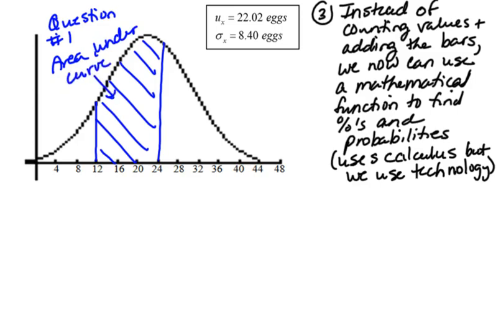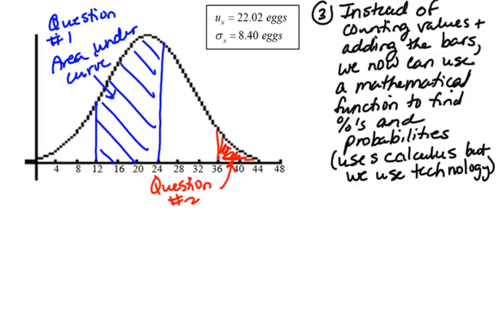For question number 2, we would look for the area under the curve right here. And instead of counting the bars, we're actually calculating an area under a curve using a mathematical function.